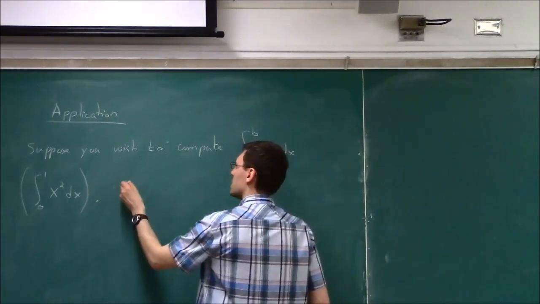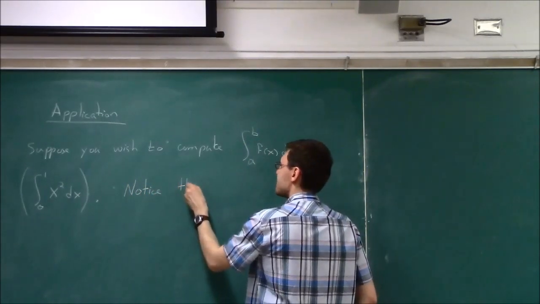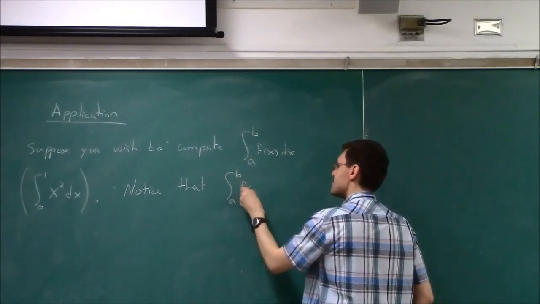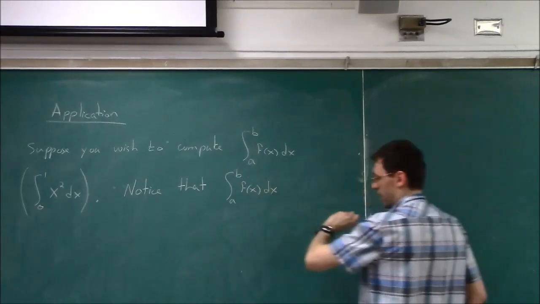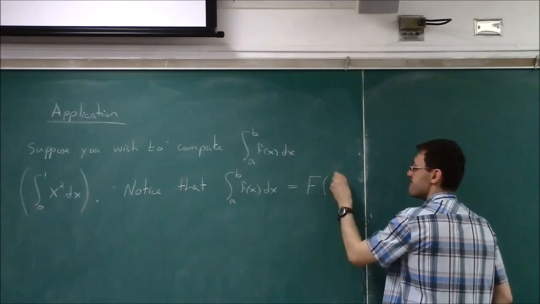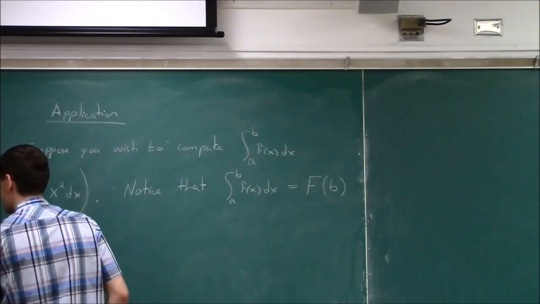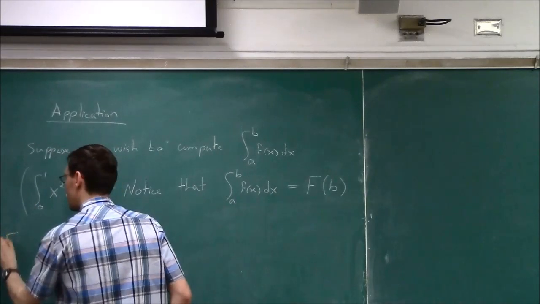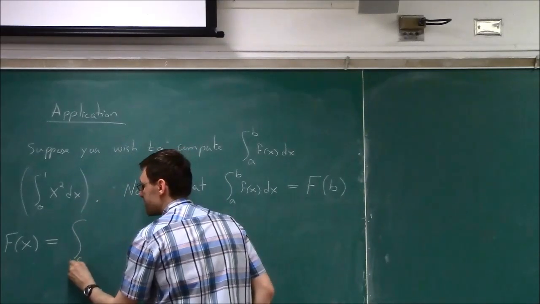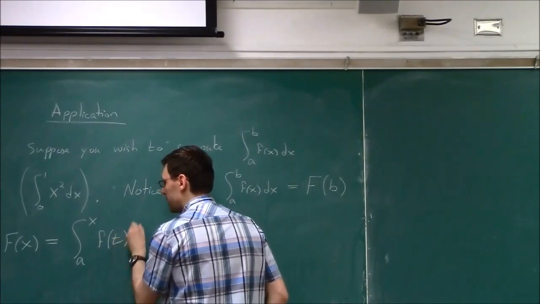So notice that the integral from A to B of f of x dx is just capital F of B, where capital F of x is equal to the integral from A to x of f of t dt.